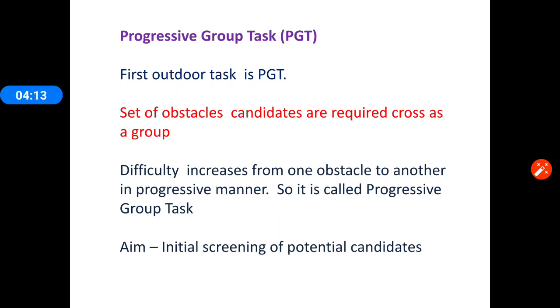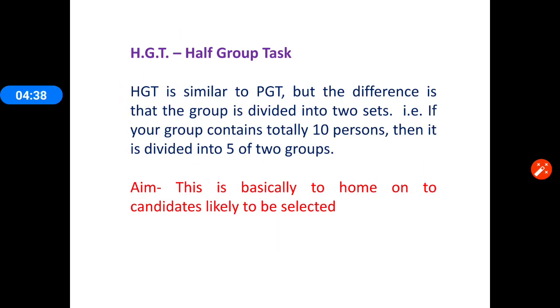In very simple words, important is not how you cross the obstacle. The important thing is how you contribute, how you suggest, how you keep encouraging the group, how you keep giving ideas. That is what is actually more important. So the first task is conducted over a series of 2-3 obstacles, and thereafter we go to the next system.